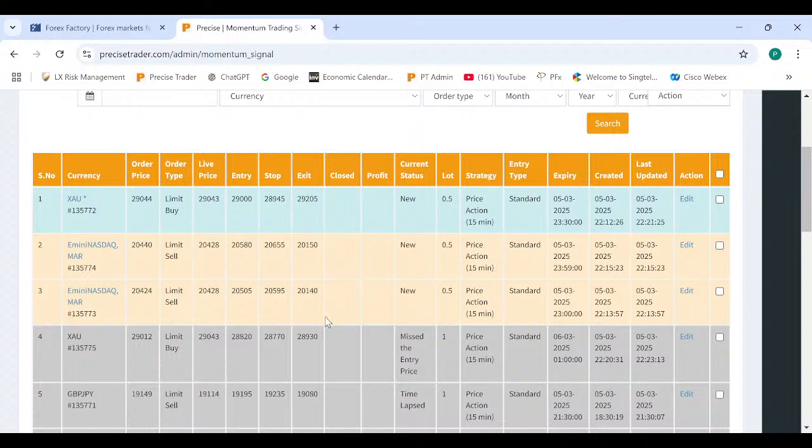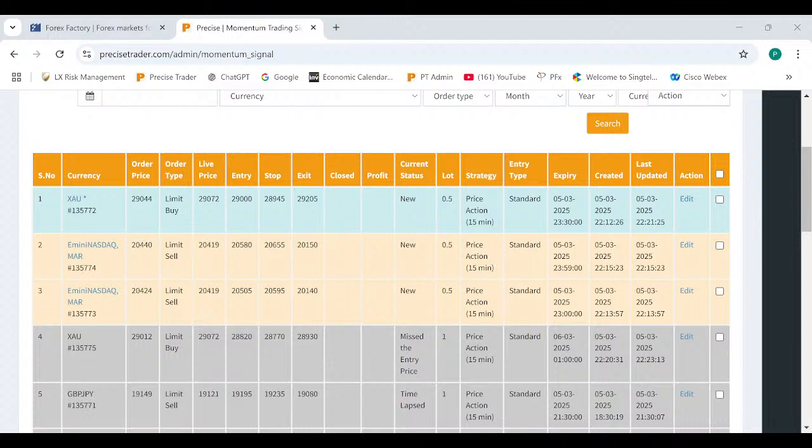So now we are trying to buy gold at 2900 with a stop at 2894 and TP at 2920. Then Nasdaq also we are trying to sell.